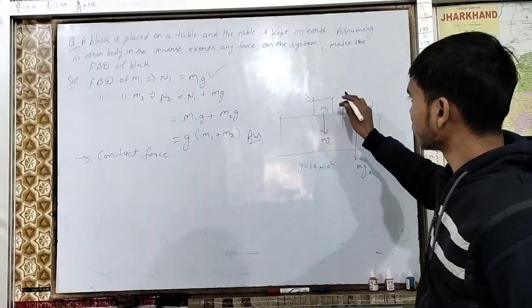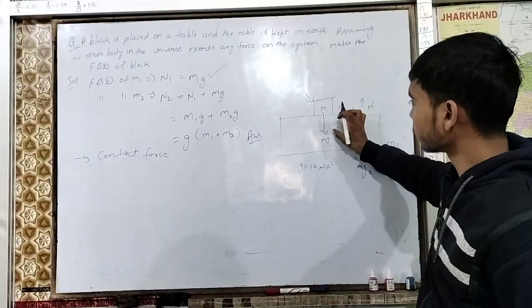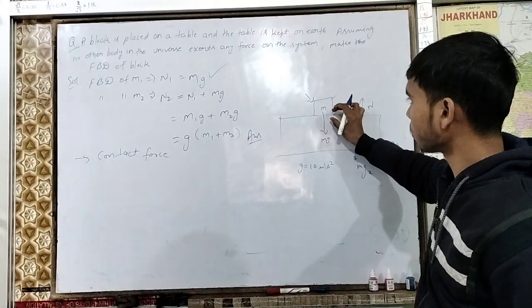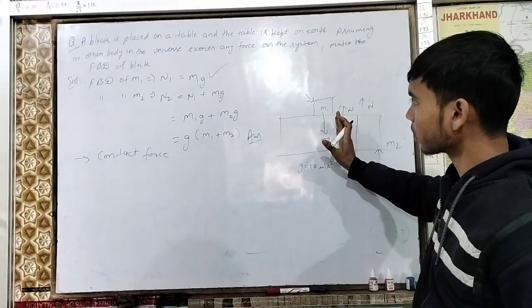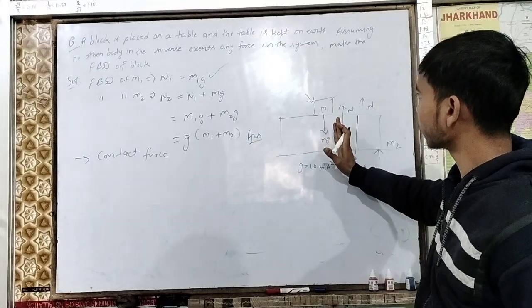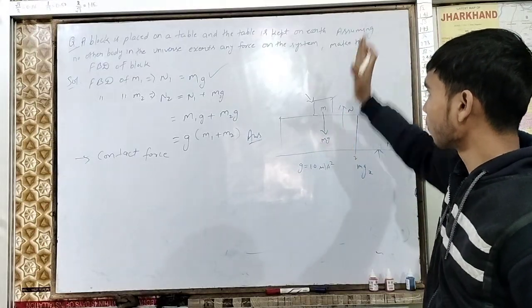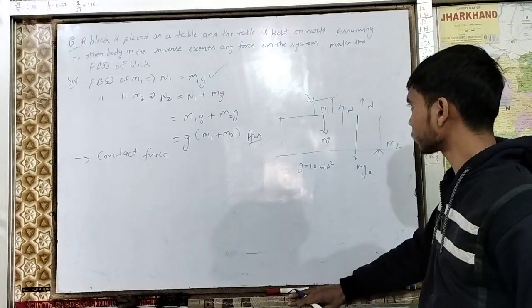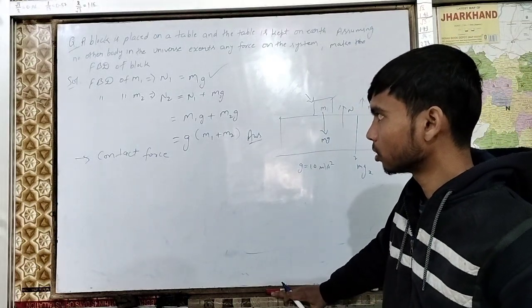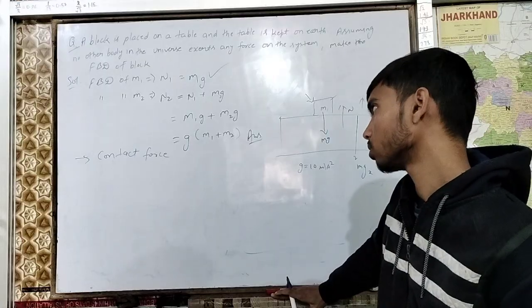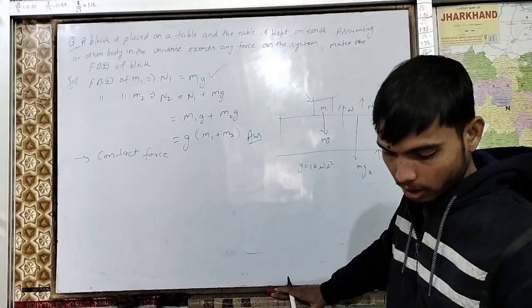This body is in contact with a table, so contact is compulsory. In this contact force, upward is our normal reaction force. Okay, upward is the normal reaction force.